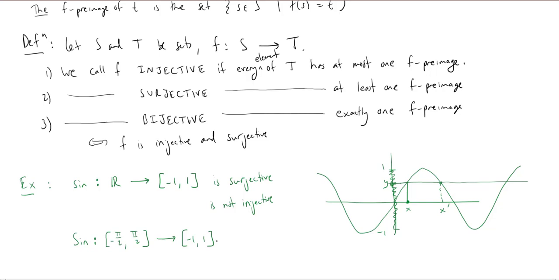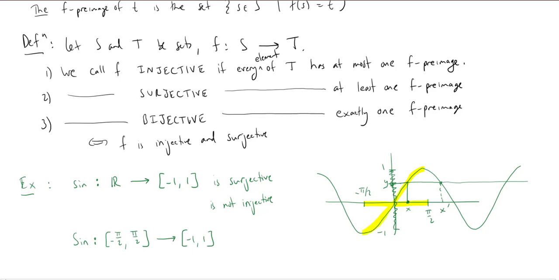In this case, this is, say, -π/2, and over here this is π/2. So I'm restricting myself to just this domain. You can see I never repeat a y value. I go from -1 up to 1, and there are no repetitions.